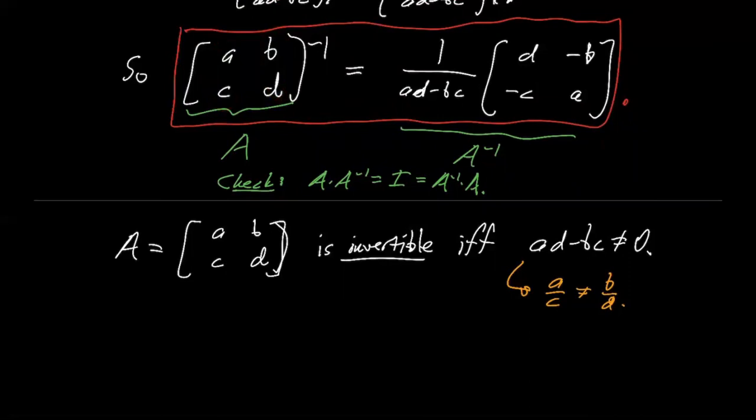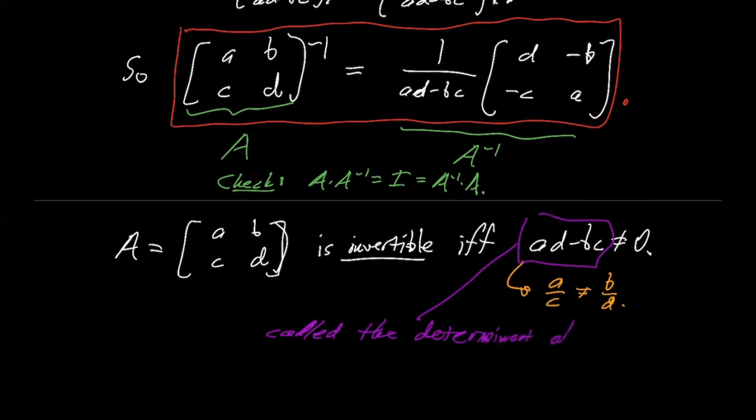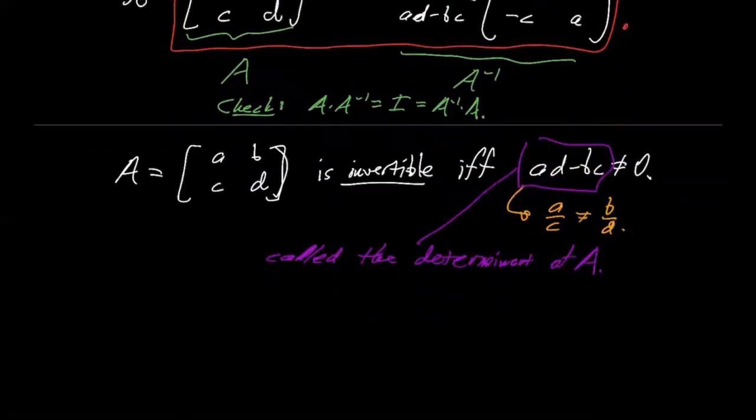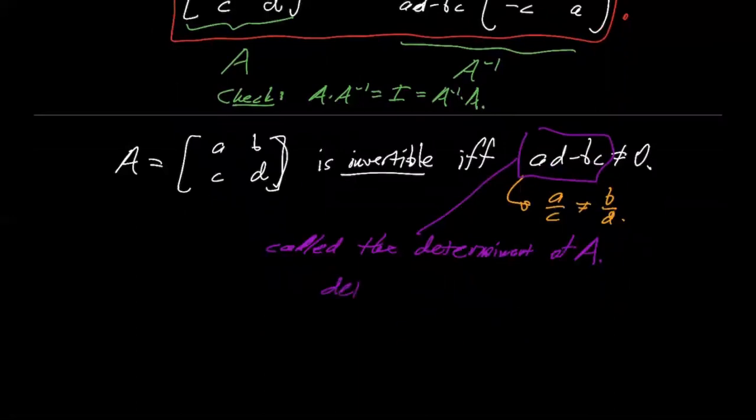But I will say that this has a very special name, which you've probably seen before, but this is called the determinant. And we're going to see it again later. The determinant of A. So for a 2D matrix, the determinant of the matrix ABCD is defined to be this expression AD minus BC, which is this thing with the cross.